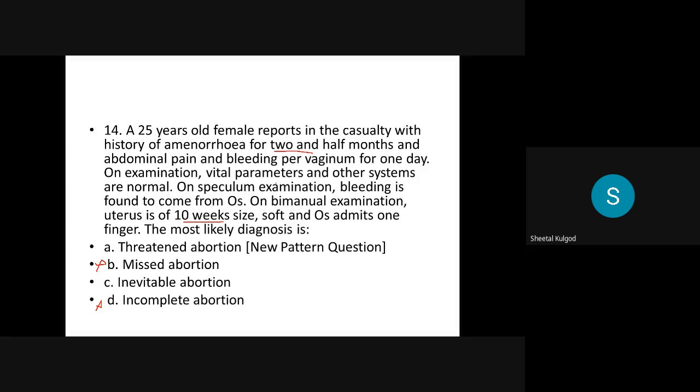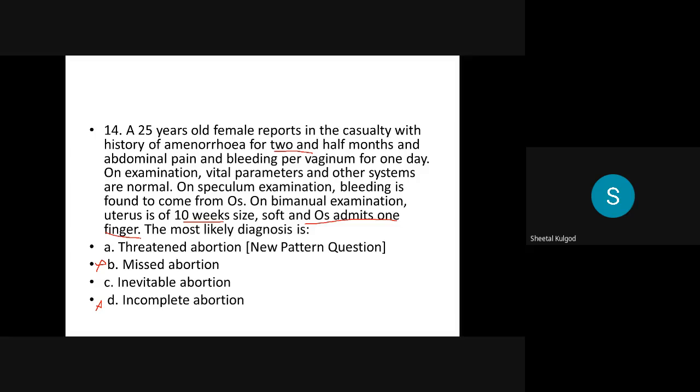Now, next thing: on speculum examination, bleeding is found to come through the os. That's fine, that is not going to help us in any diagnosis. Another important point to note here is that the os is admitting one finger. Os admitting one finger means the os is open, is it not? If the os is closed, we won't be able to admit any finger there, not even the tip of the finger.